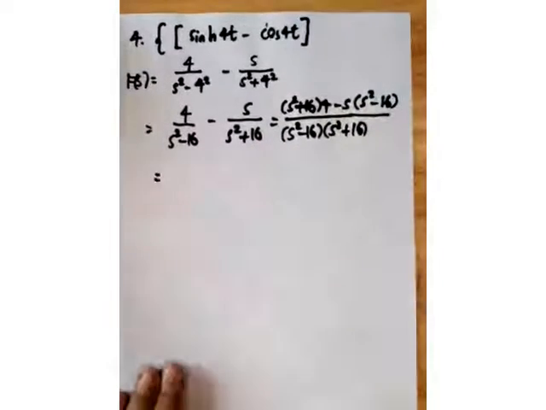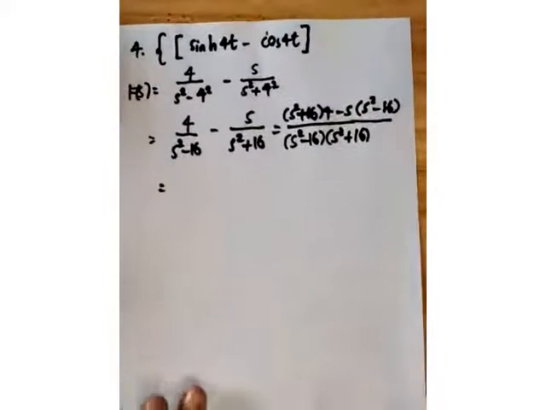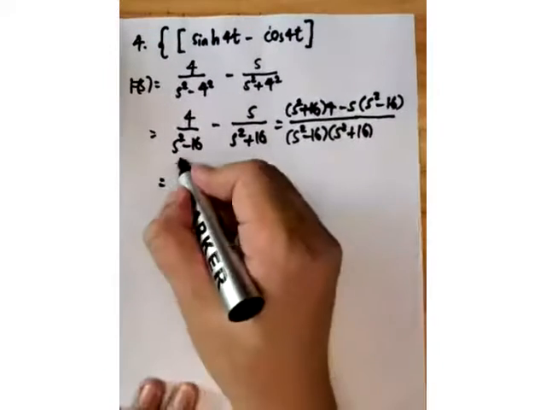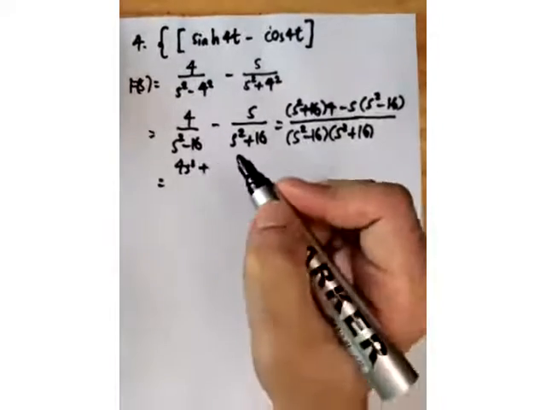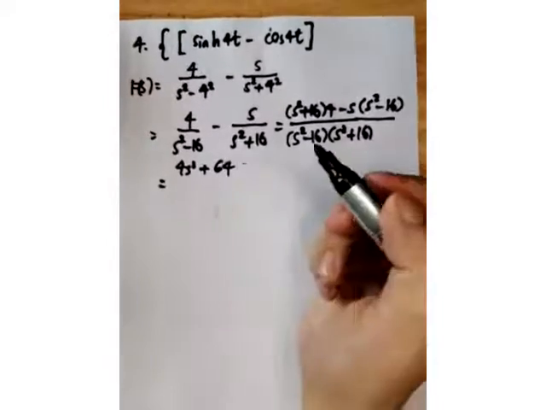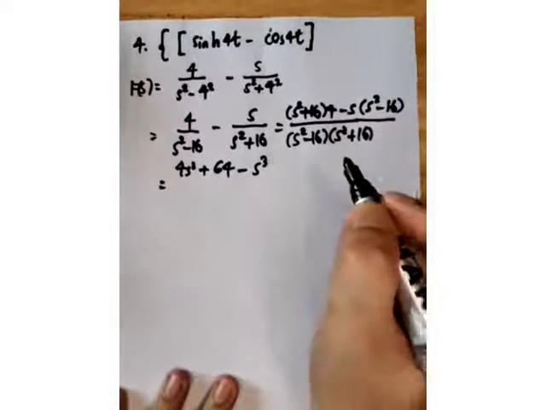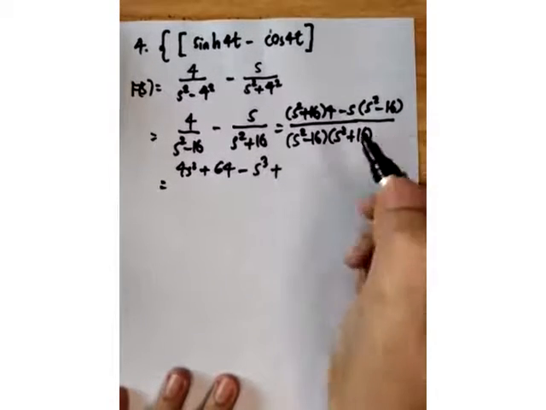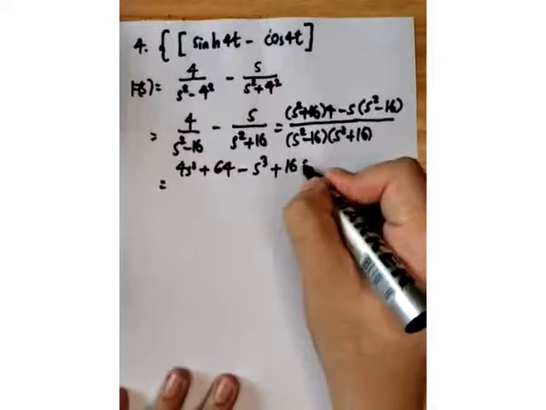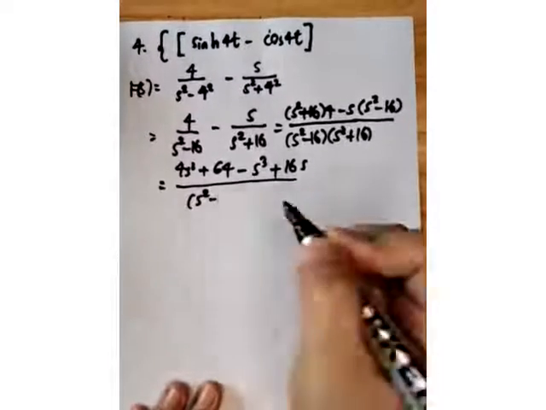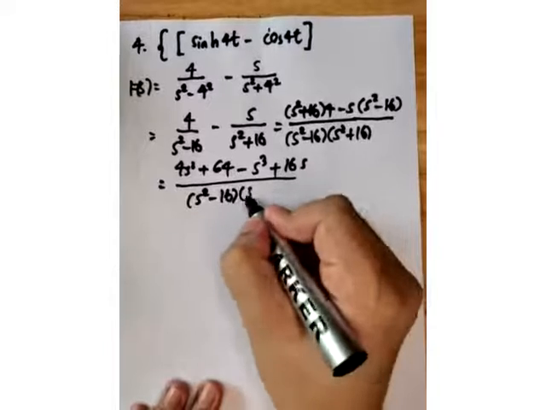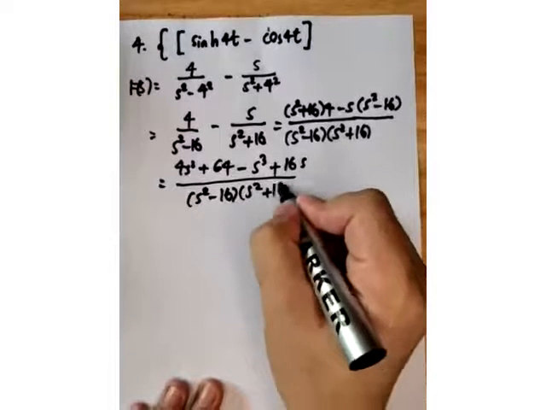So, that's equal to 4s squared plus, what's 16 times 4? 64, 64 minus s cubed plus 16s. All over s squared minus 16 times s squared plus 16.